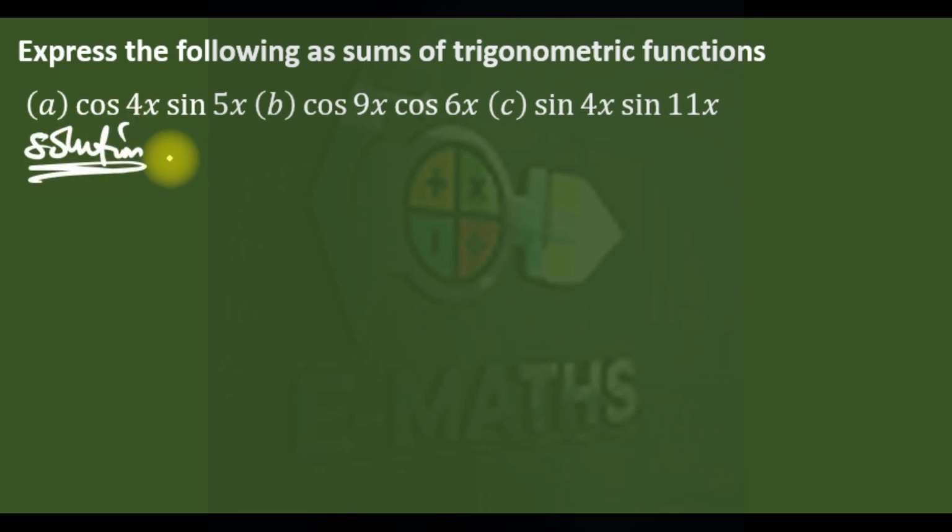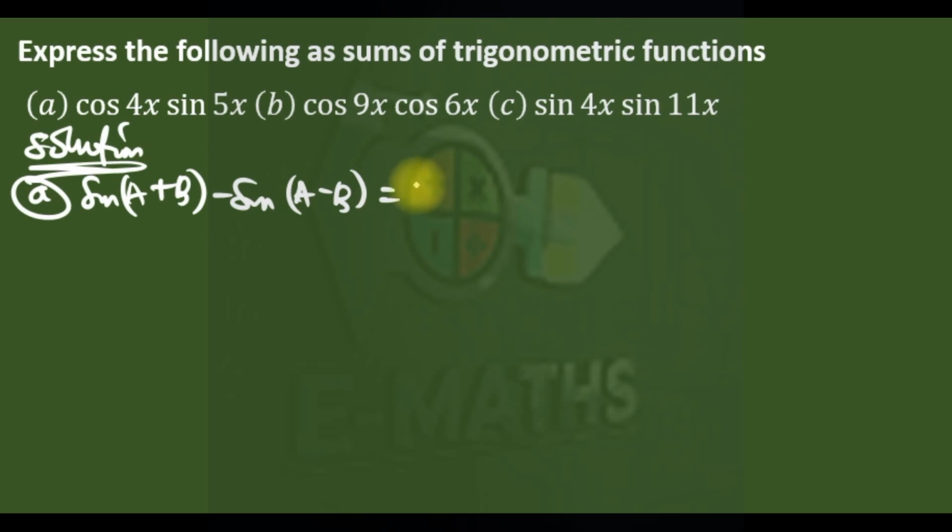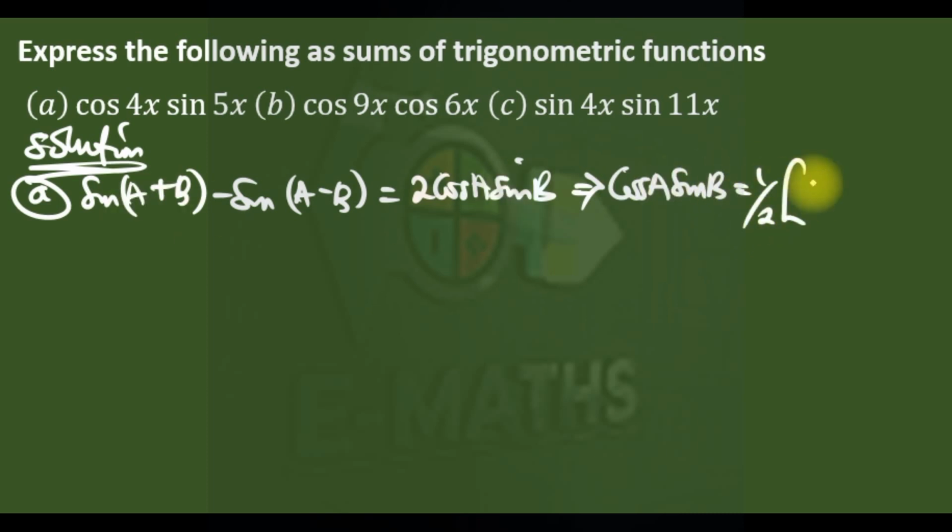Since we know that sine A plus B minus sine A minus B is equal to 2 cos A sine B, if we make this the subject of the formula, cos A sine B is half of sine A plus B minus sine A minus B.